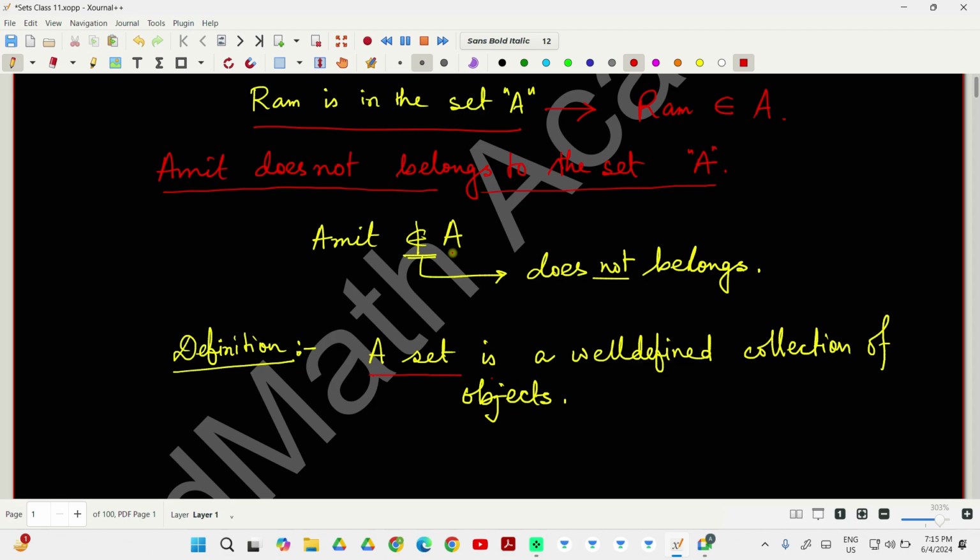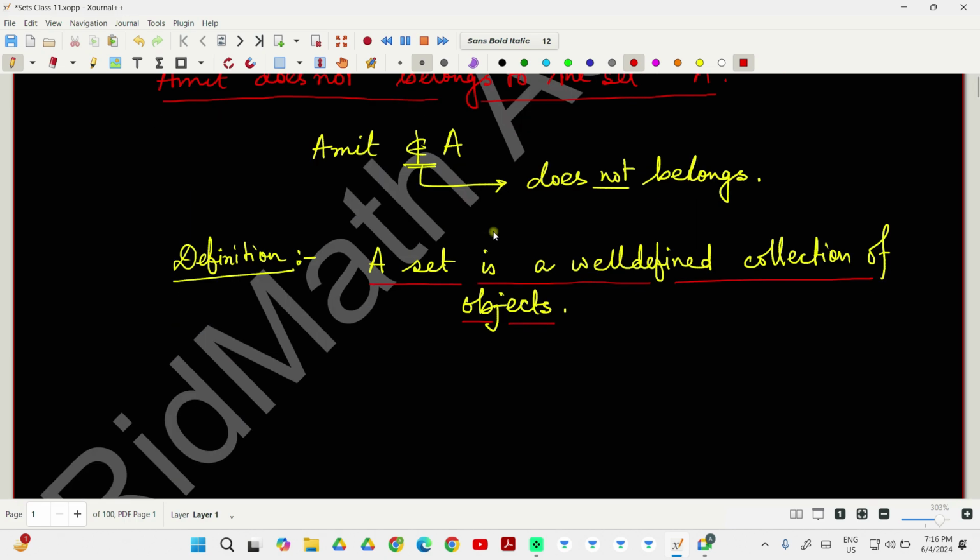But intuitively we cannot define a set. It is an intuition, because you have to apply intuition to understand sets. And what are the objects?